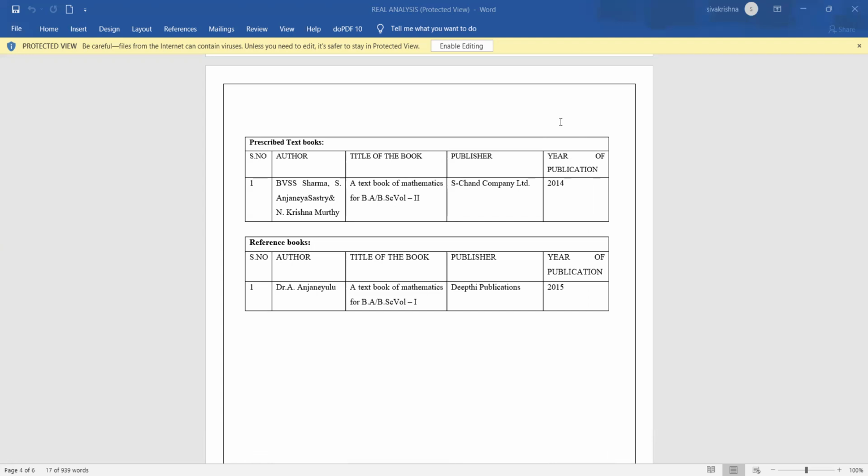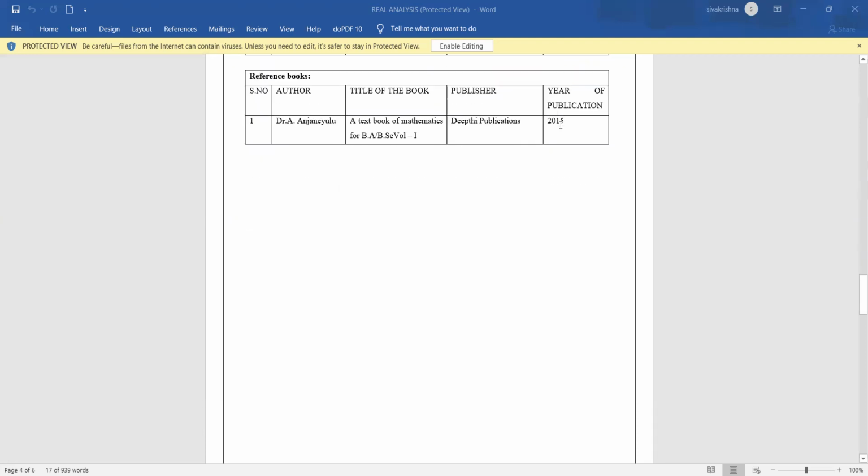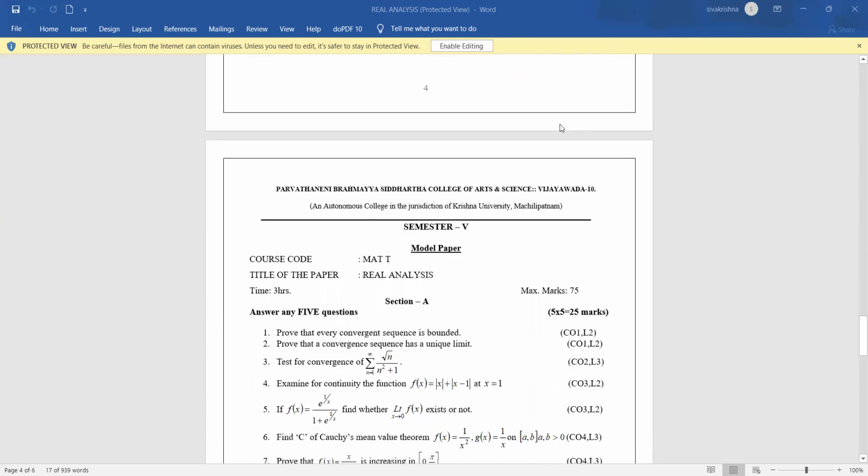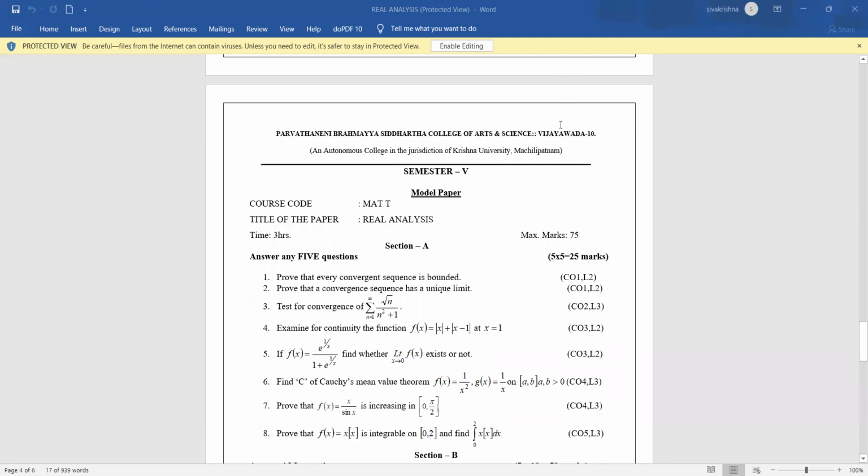We will also follow Deepthi Publications, by Dr. A Anjaneyulu.